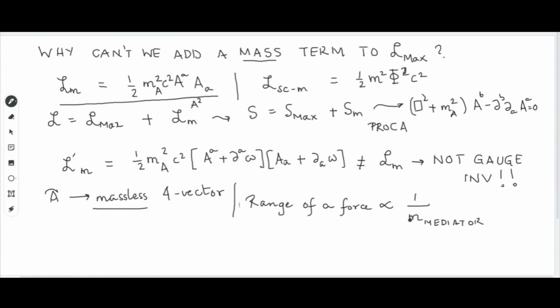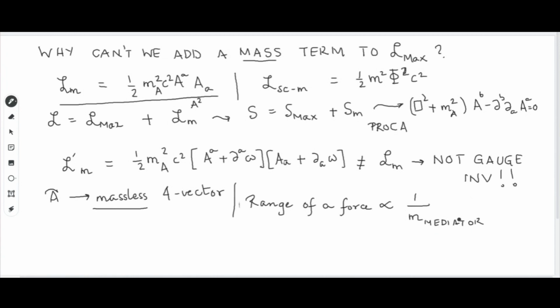On the other hand, what we know for sure is that the range of electrodynamics is basically long range, infinity. And therefore, that is consistent with the fact that the mediator, which is the vector potential here, must be massless. The electrodynamic interaction goes over very, very long distance.